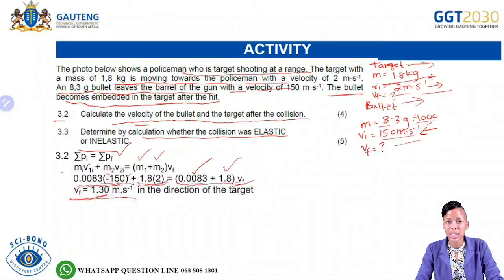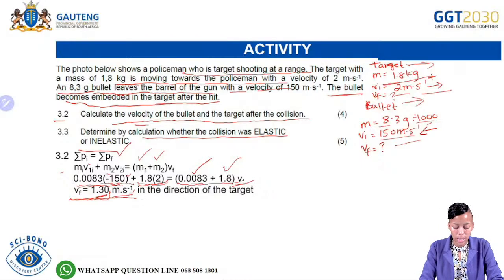What is magnitude? It is the size. In this case, the size of your velocity is 1,30, rounded off to 2 decimal places. And then you must also have an SI unit. The SI unit of velocity is meters per second. And then again, the last thing is that you must also have what?